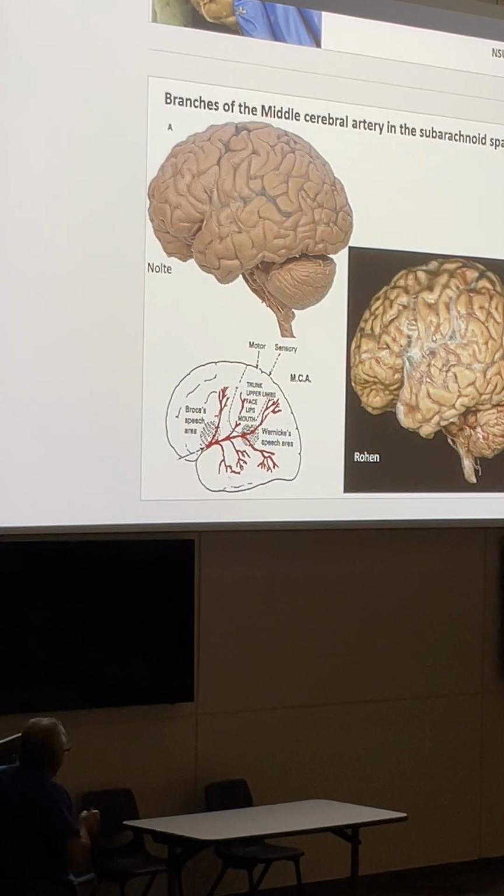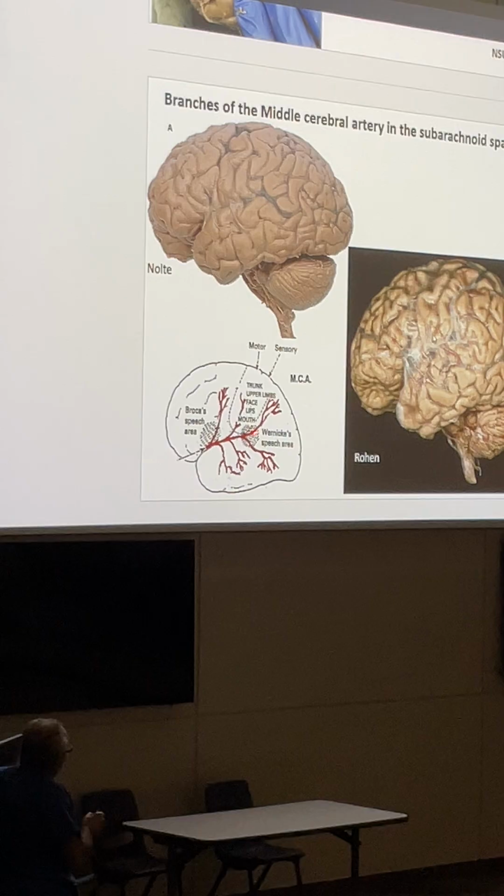One more time, repeat it. Shaded areas versus certain regions. Trunk, upper limb, face, lips, mouth. Wernicke's versus Broca's. Blood supply.